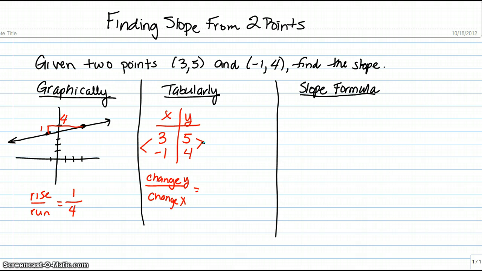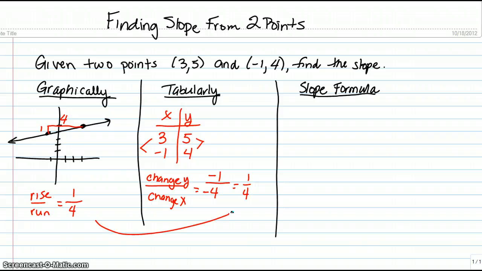Well, from 5 to 4 you decrease by 1. And from 3 to negative 1 you decrease by 4. When you simplify, a negative divided by a negative comes out as positive 1/4. These two answers are the same, and they should be, because these are the same 2 points. We've just done it 2 different ways.